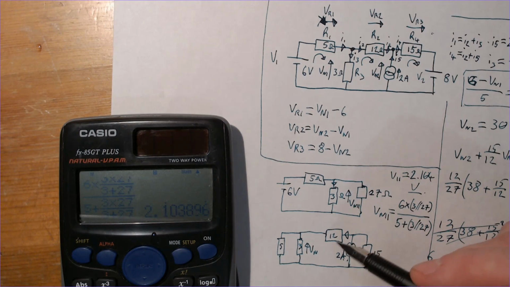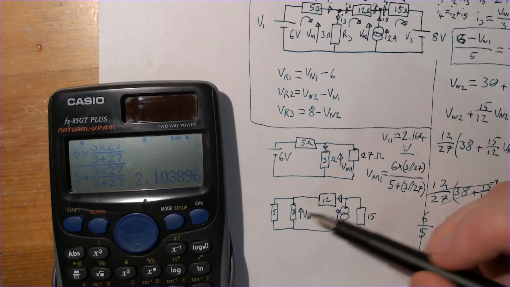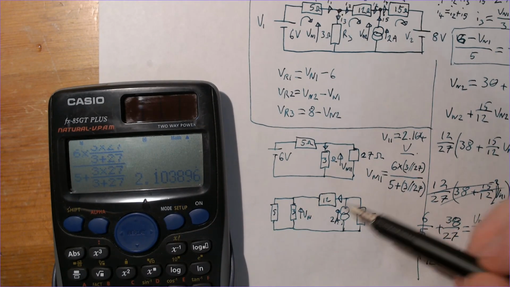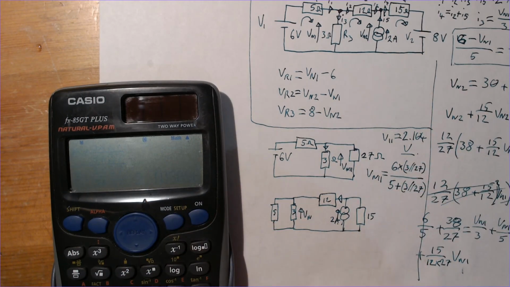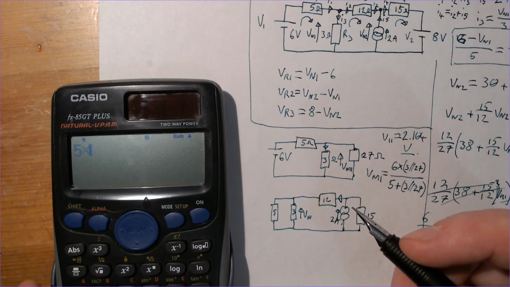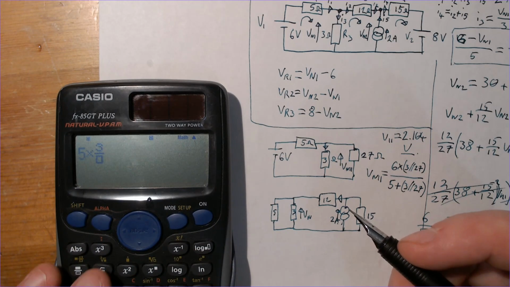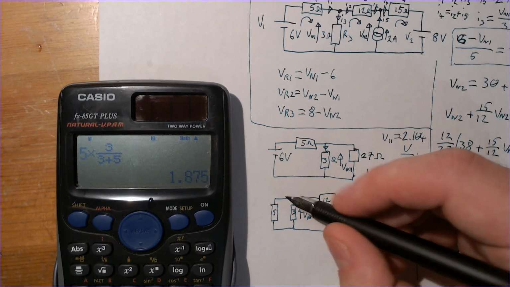So to do that, we'll first work out what the impedance of this bit is. So that's 5 in parallel with 3. Let's do that on the calculator. 5 times 3 divided by 5 plus 3 equals 1.875 ohms.